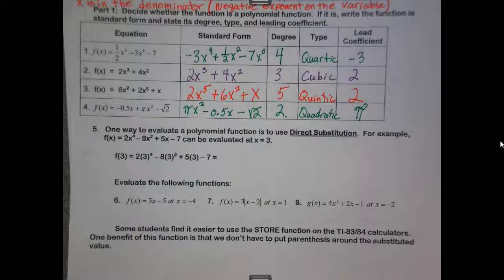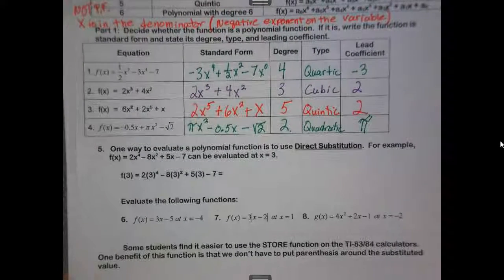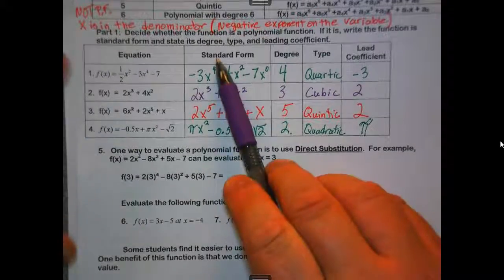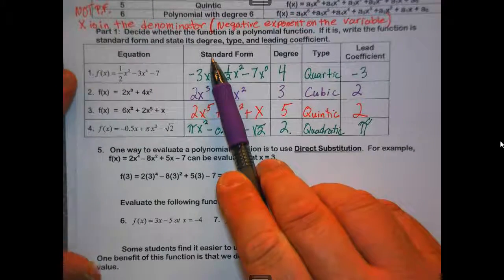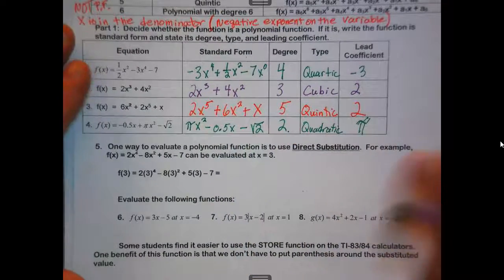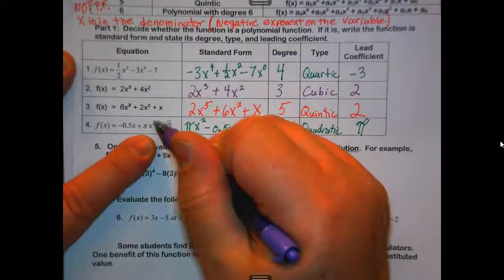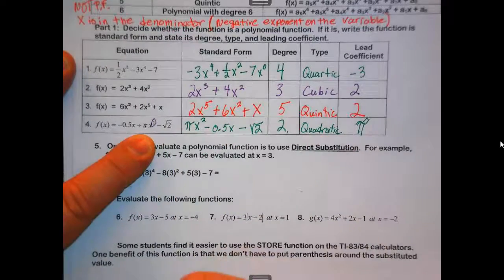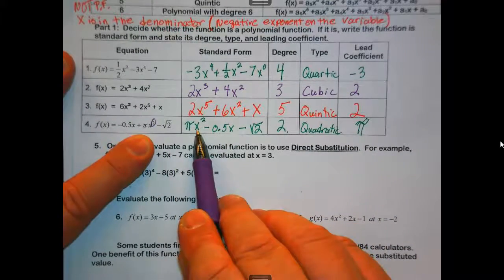Okay, now more funner stuff starts. Okay, so the standard form is highest degree of the variable to lowest degree of the variable. The highest degree of the variable here is 2, so that goes first.